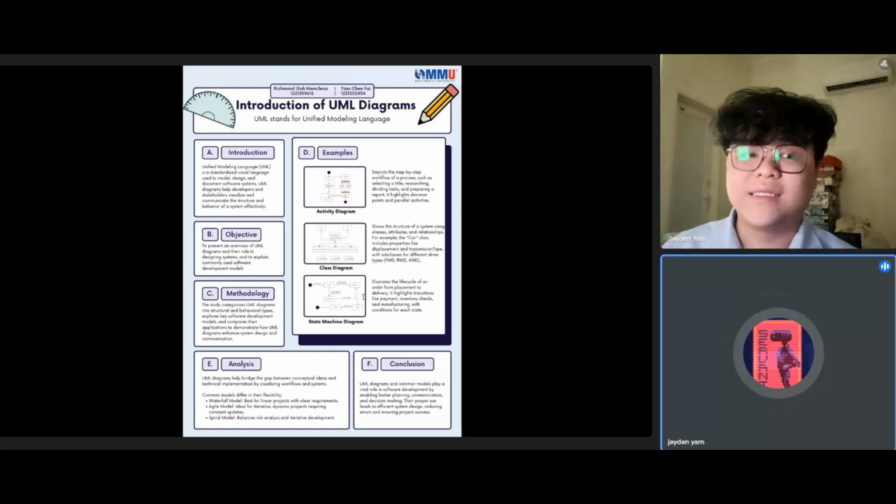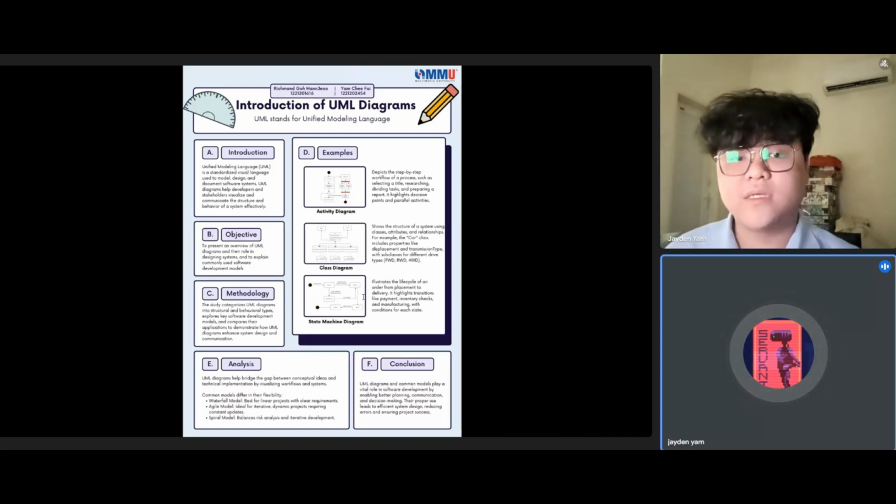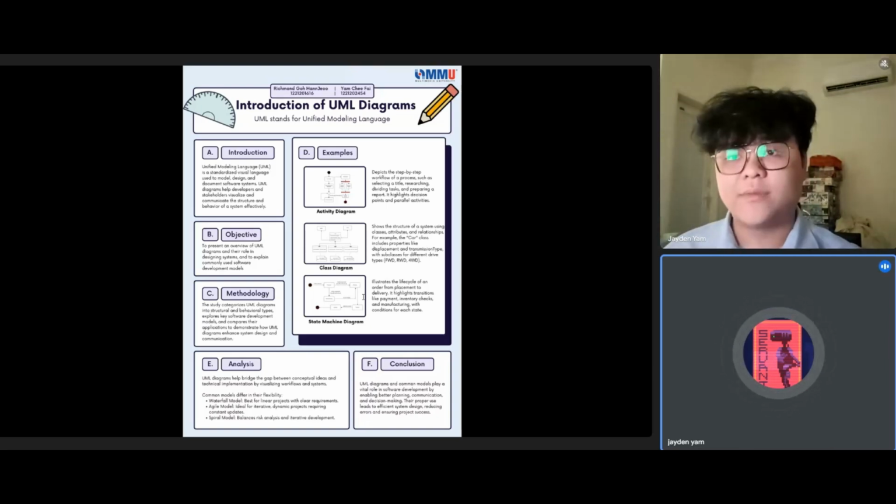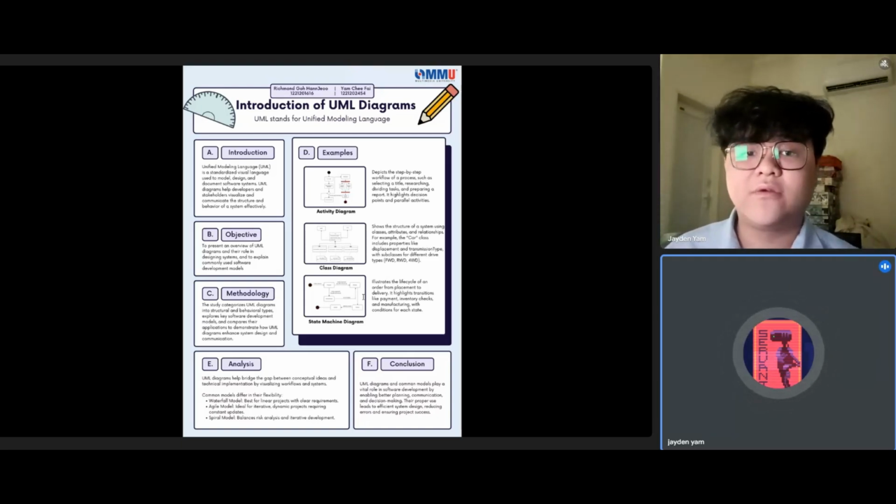It highlights decision points, such as choosing between two different research topics, and parallel activities, such as two team members working on different sections at the same time. This makes the activity diagram ideal for visualizing workflow and decision-making processes.